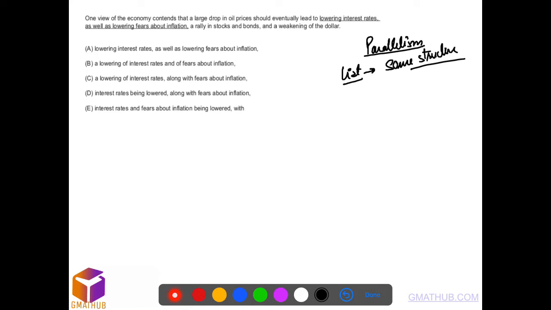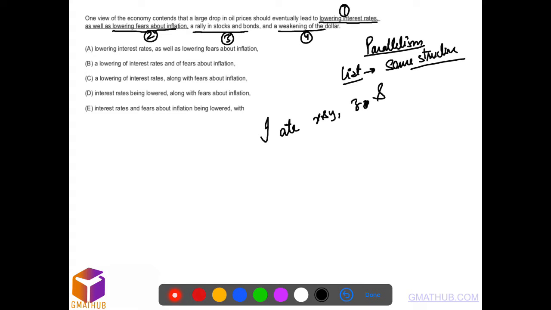Example: here we have one view of the economy that contends that a large drop in oil prices should eventually lead to 1, 2, 3, 4. That's the form: X and Y, Z, and something else.